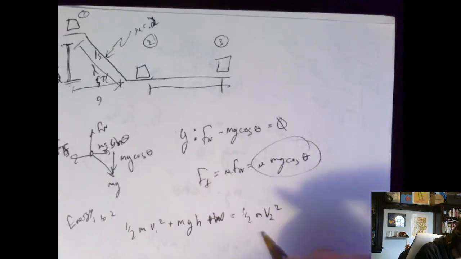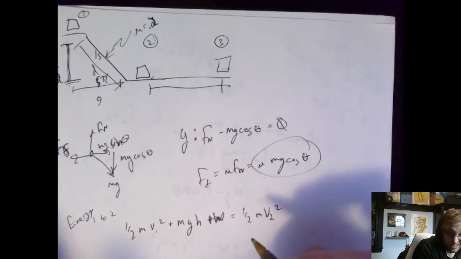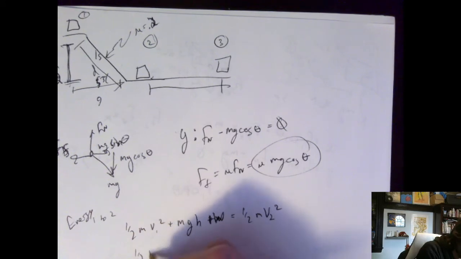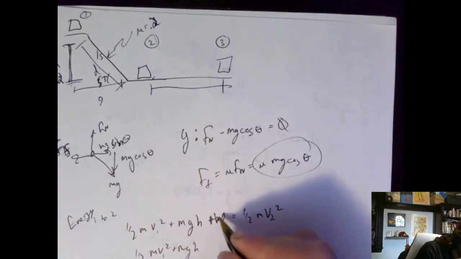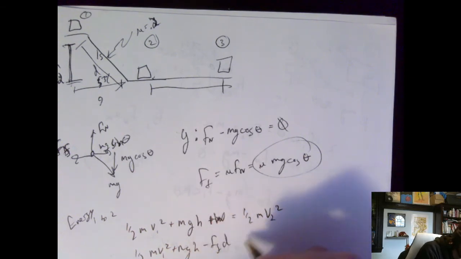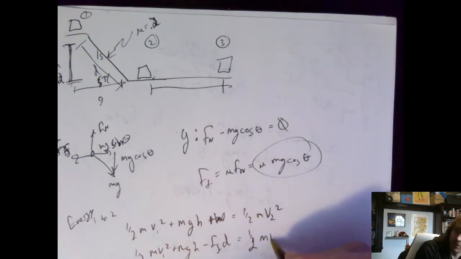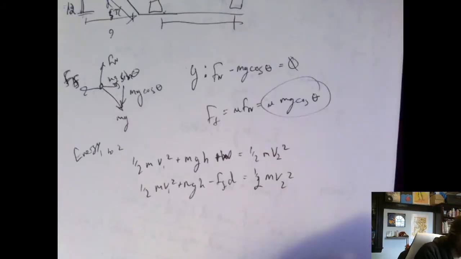And from here, we can just, again, solve for v2. We've got 1/2 mv1 squared plus mgh, our work, and you honestly can skip straight to the second step, is negative force of friction times d, because friction is going to be taking away the energy, equals 1/2 mv2 squared.